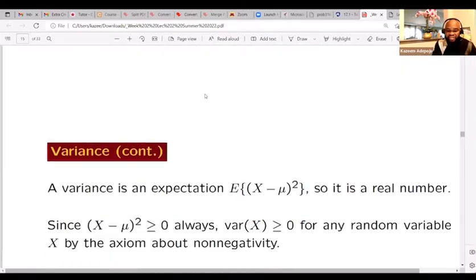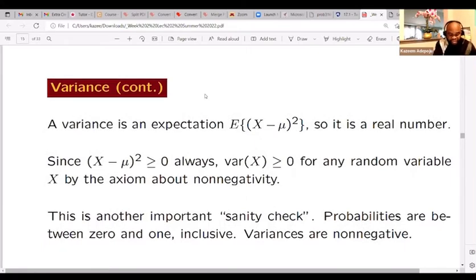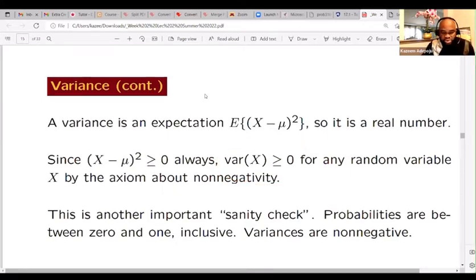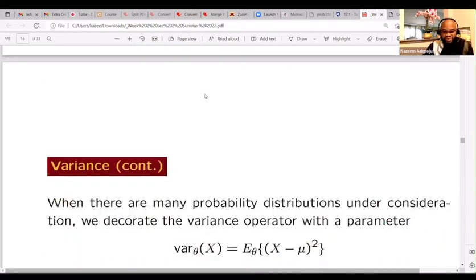Somebody is going to say, in theory, variance can be 0, but that is not realistic. That is why we place a bound here, that the variance of X can be greater than or equal to 0, or greater than 0. But in reality, the variance is not expected to be equal to 0. I just wanted you to take note of that.